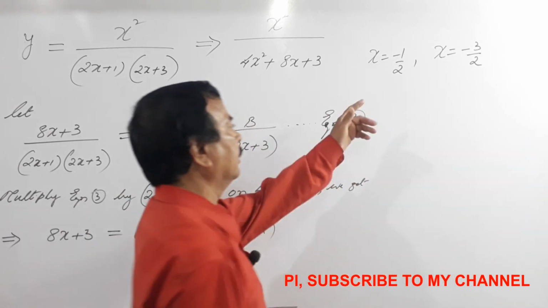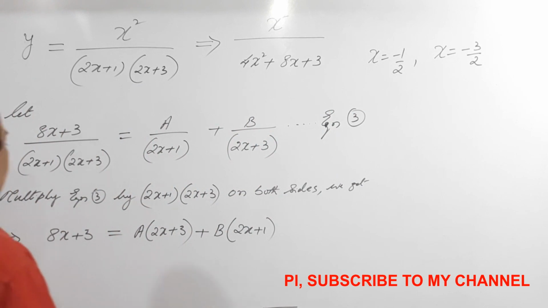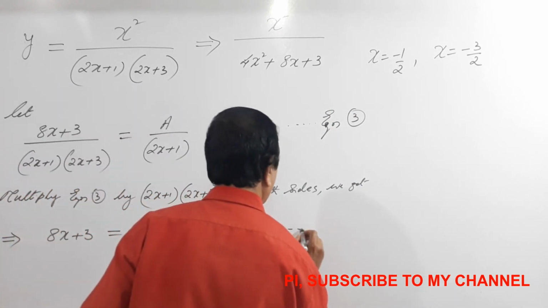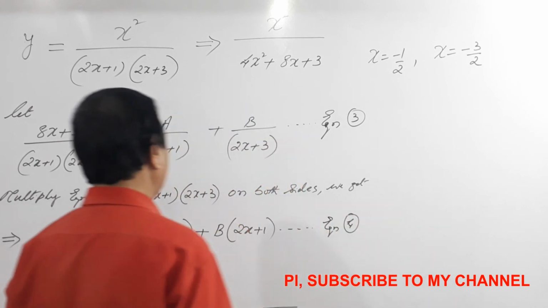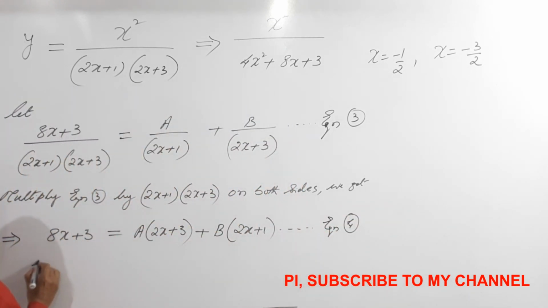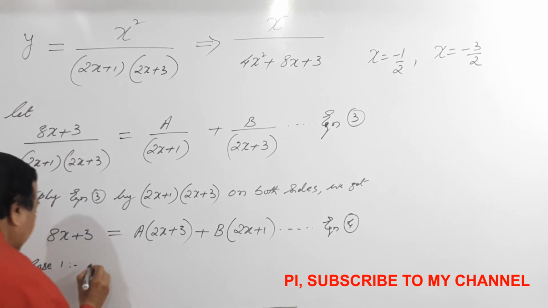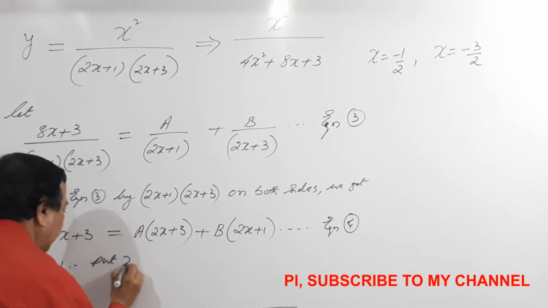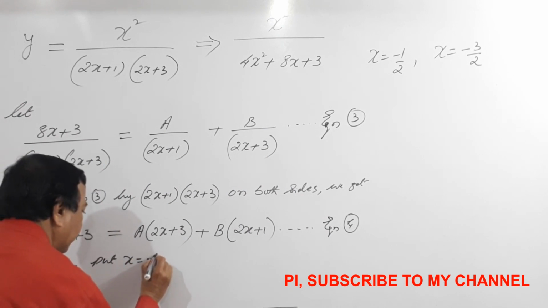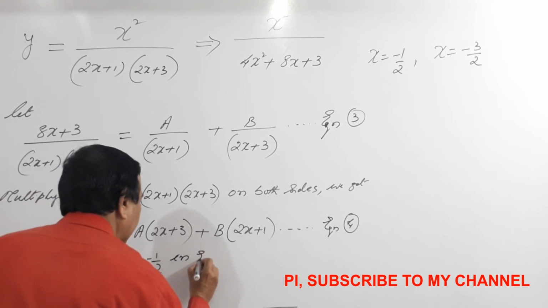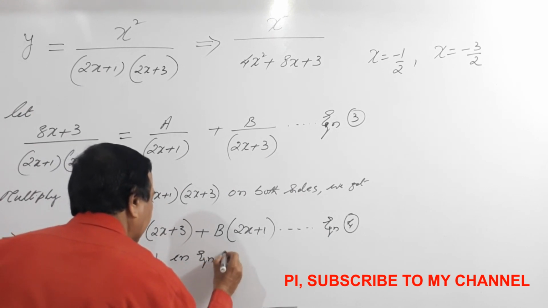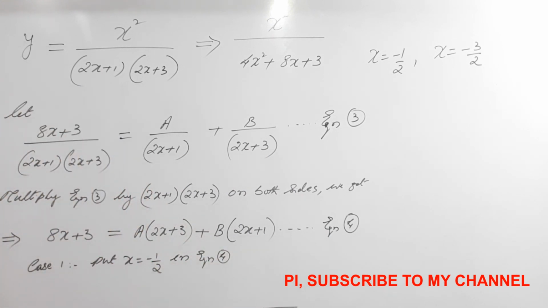So we got the values of this. I call this equation 4. First case, case 1: put x equals minus half in equation 4. Then what happens?